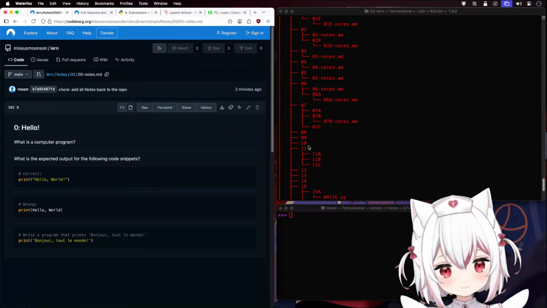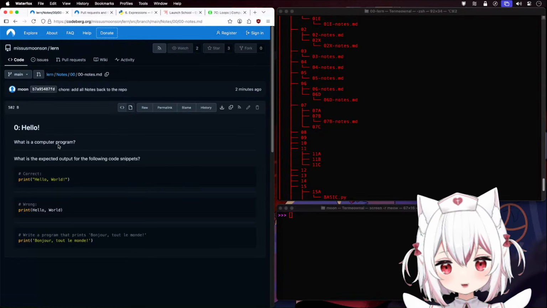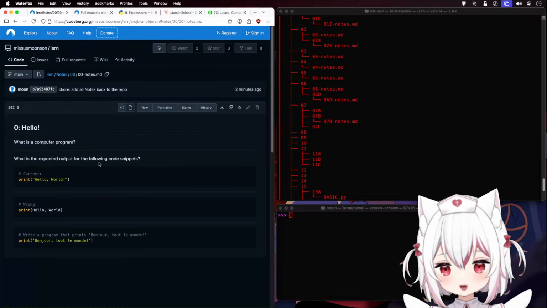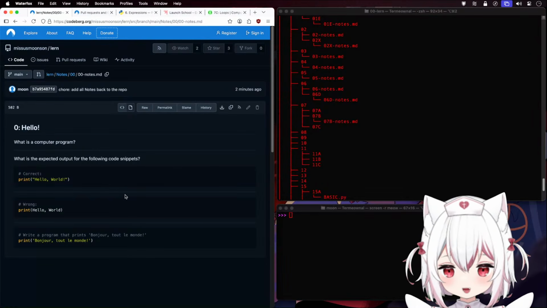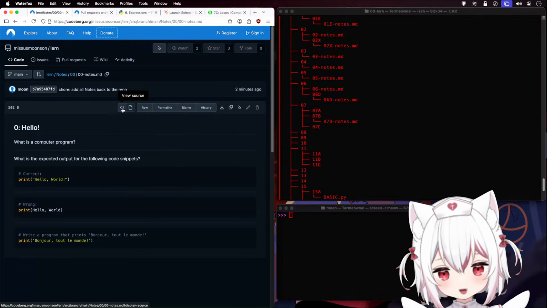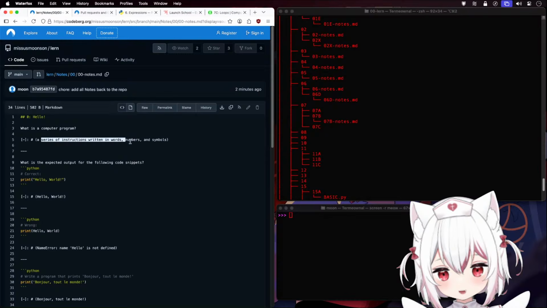We could check it out. So, what is a computer program? I don't know. What is the expected output for the following code snippets? I don't know. But if you press this button here, view source, you can see my answers. They're in here.